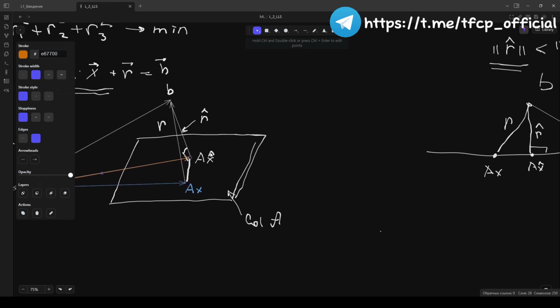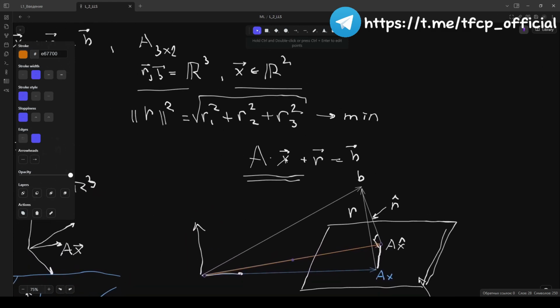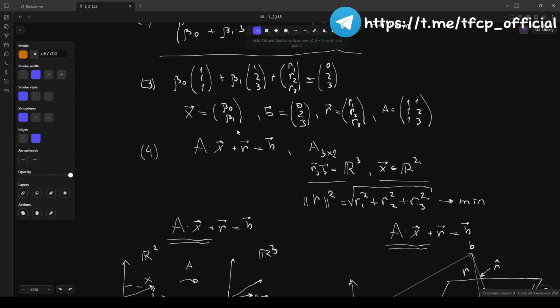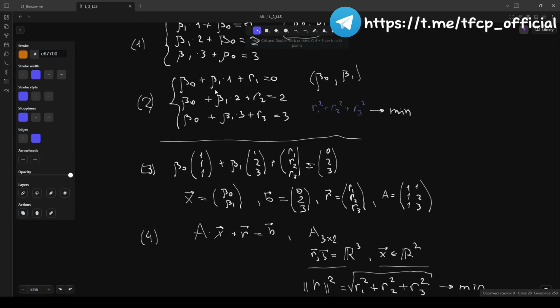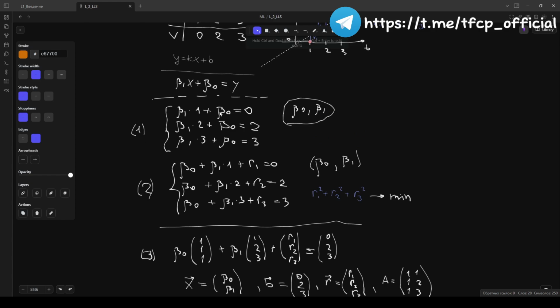And second, to find the vector x hat, that is, we know A, we know b, we need to find it. This will be one of the exact solutions to this system, system 4 or system 2, both are valid. It is one of many possible solutions. In this case, it will be such that the sum of the squares of the residuals is minimized. Accordingly, we will consider this solution as an approximate solution to this system, which fully satisfies us.